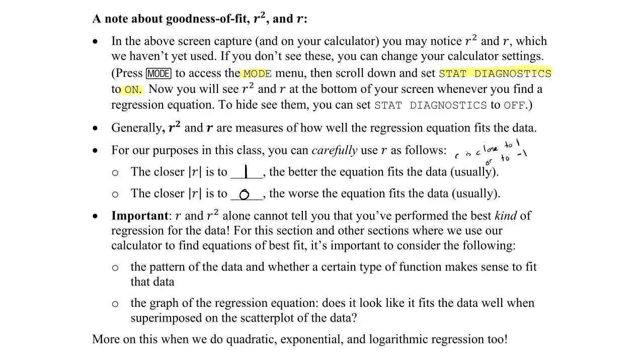In order to decide what kind of equation to use, we need to look at what we know about the situation, the actual pattern of the data, what the graph looks like. Does the graph look like it's a good fit for the scatter plot? We really need to think about what intuitively our data set actually looks like in order to decide what is the correct kind of equation to fit to our data.